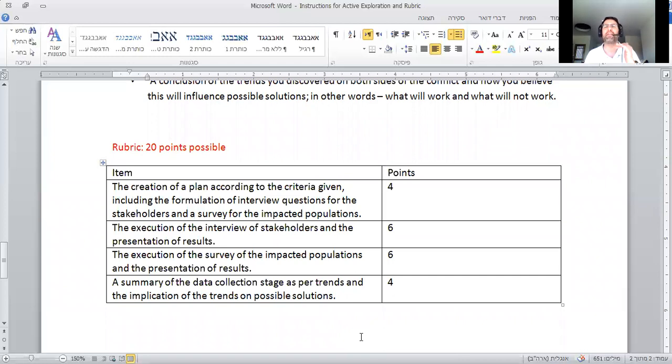The execution of the survey and the results, 6 points. And a summary of the data collection stage as per the trends, HaMegamot, and the implications of the trends on possible solutions. This is the last part of your active exploration.